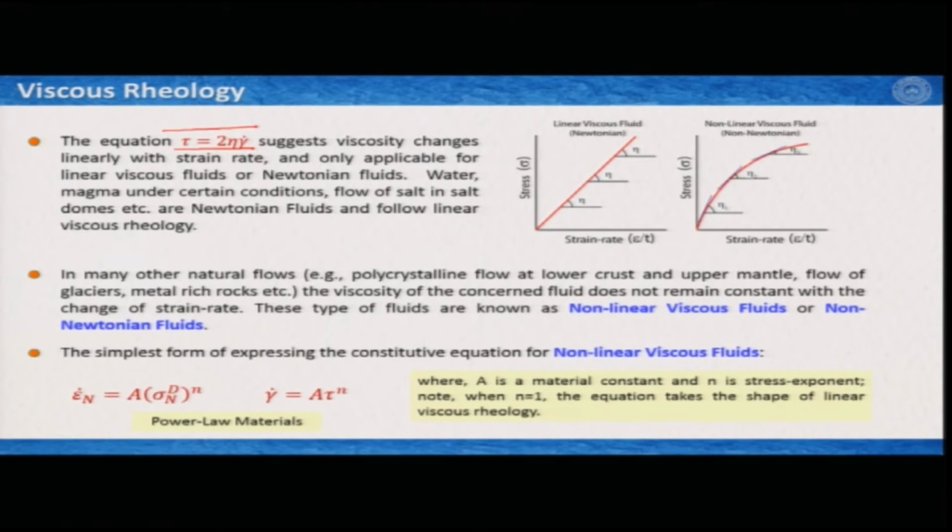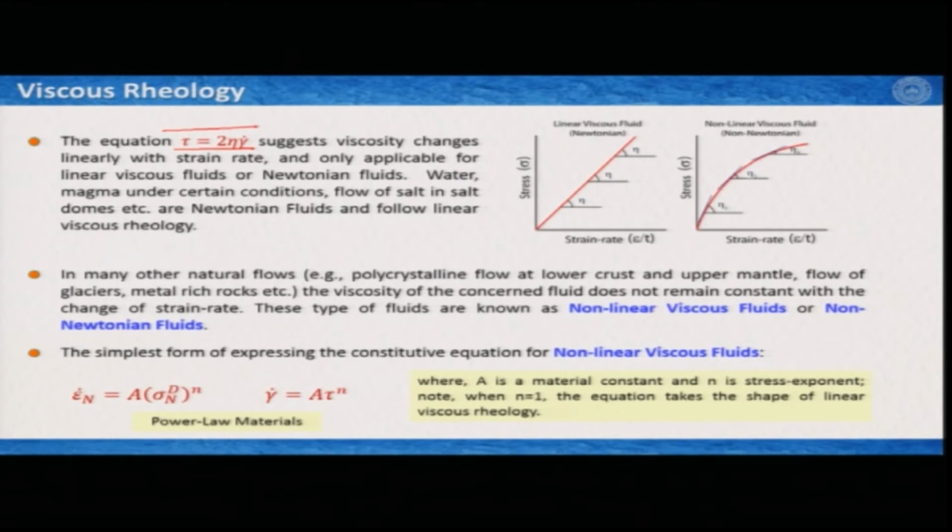As an example, you can consider water, magma under certain conditions, flow of salt in salt domes, etc., which are fantastic examples of Newtonian fluids. But there are many other flows where the flow does not happen linearly.